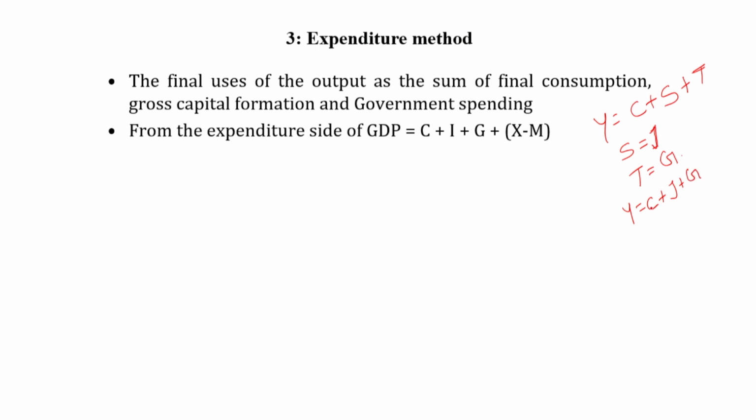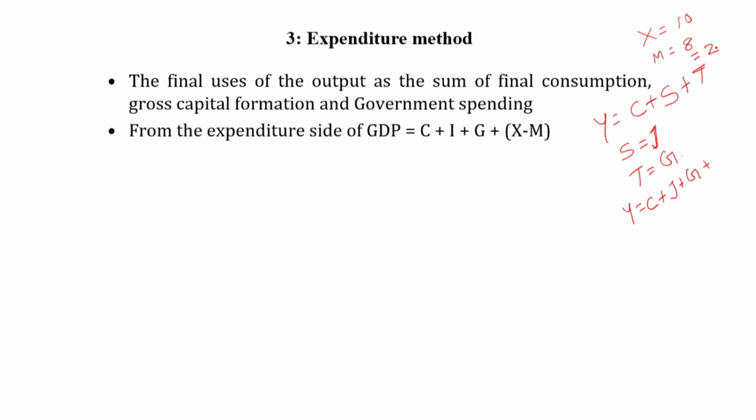So that means total income you are spending on consumption of goods and services, investment, that is expenditure on capital goods, and government expenditure, plus you will be exporting goods and services and at the same time importing also. Suppose export is, for example, 10 and import is 8, then the net export is 2.